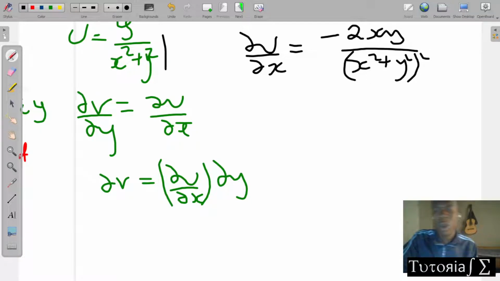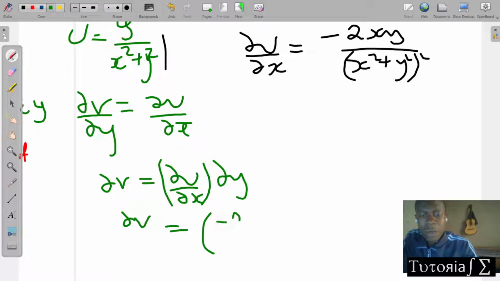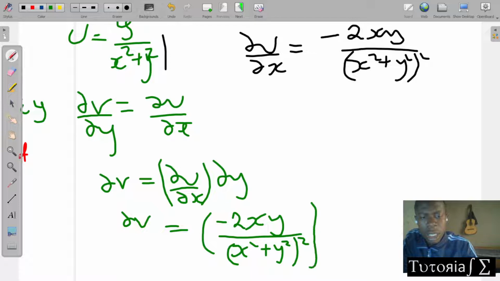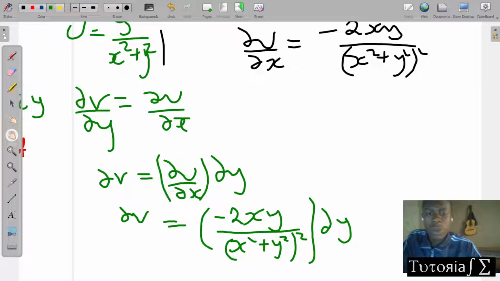Then our dv will be equal to, we replace what our du dy is, so we say negative 2xy all over x squared plus y squared, everything squared, with respect to y.